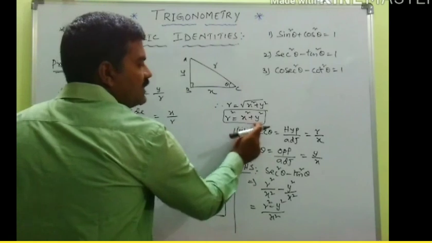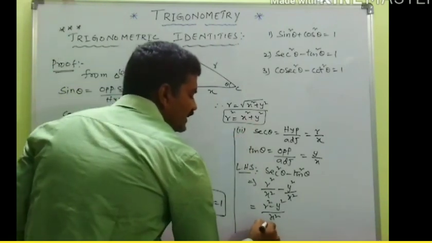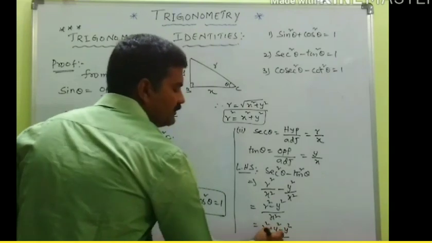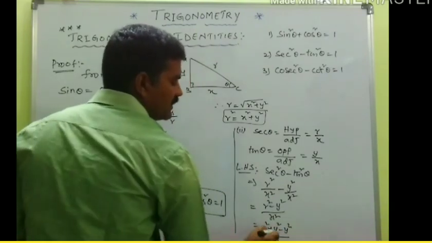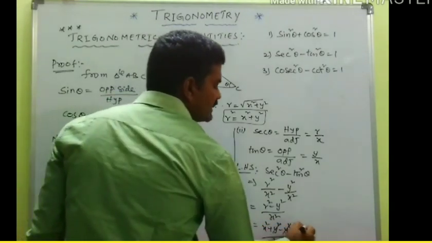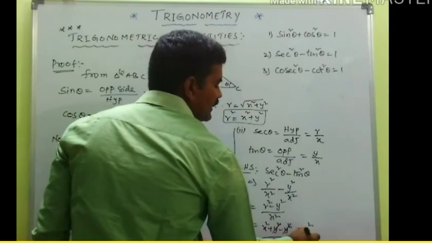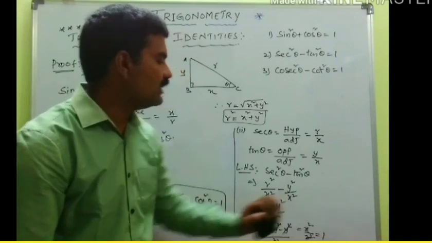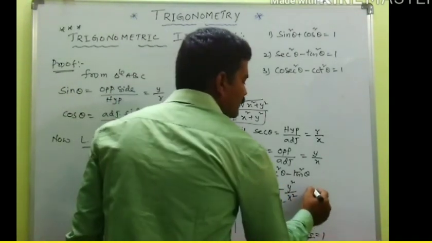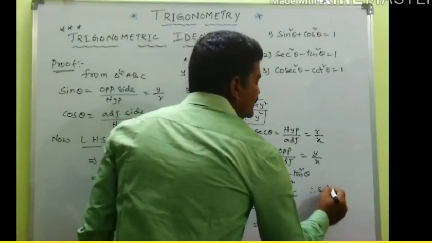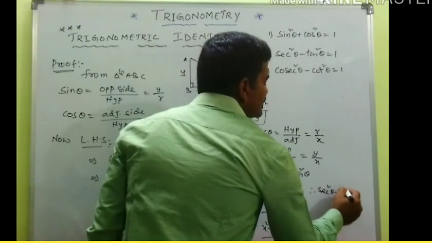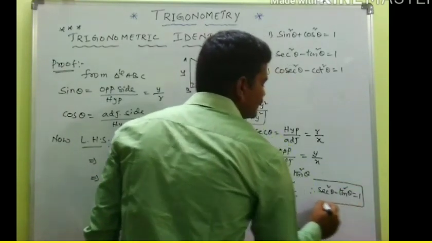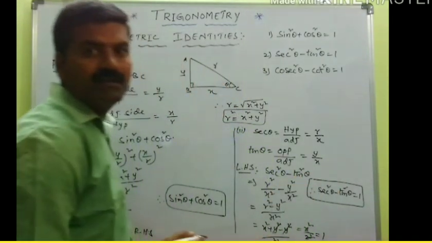But what is the value of R square? X square plus Y square, and minus Y square. I want to replace only the R square value, so Y square gets cancelled. Therefore X square by X square equals 1. Therefore secant square theta minus tan square theta equals 1, which is identity number 2.